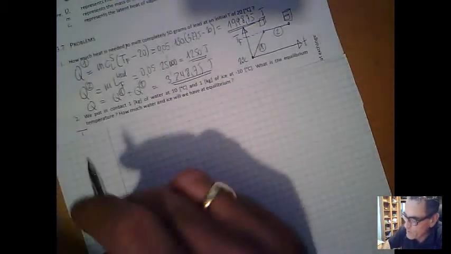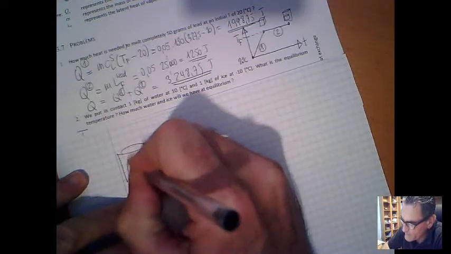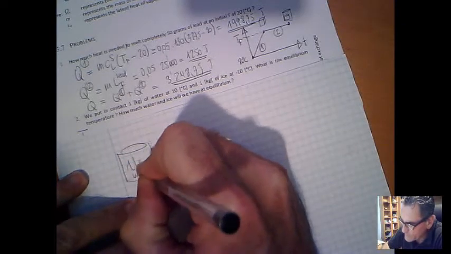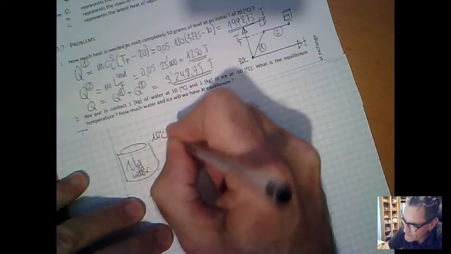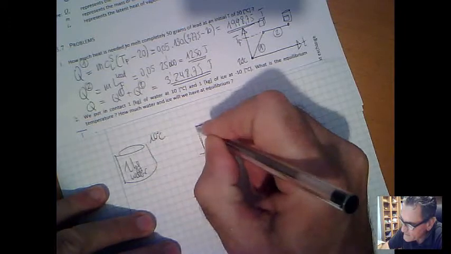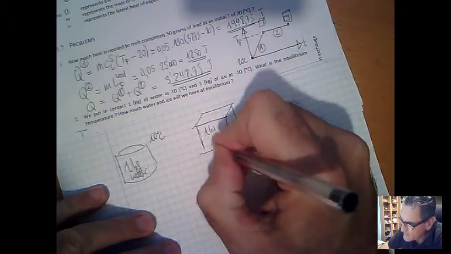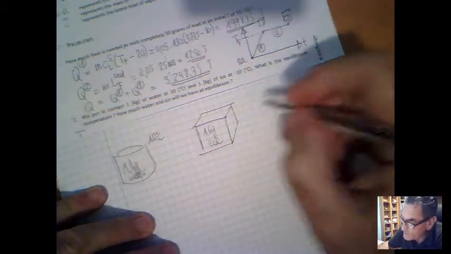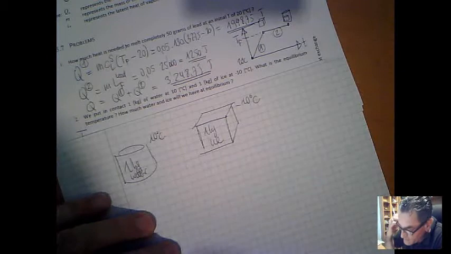So we have 1 kilo of water. This water is at 10 degrees Celsius, and 1 kilo of ice, so water in another phase, at a temperature of minus 10 degrees.